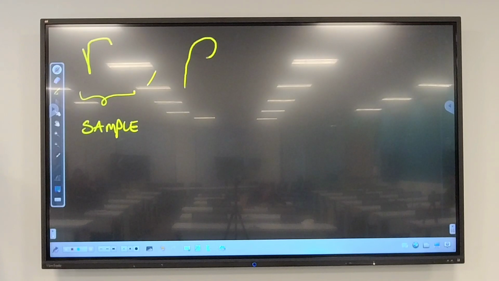The Greek character that looks like a P but is not, it is a rho. It's the correlation coefficient for the population.